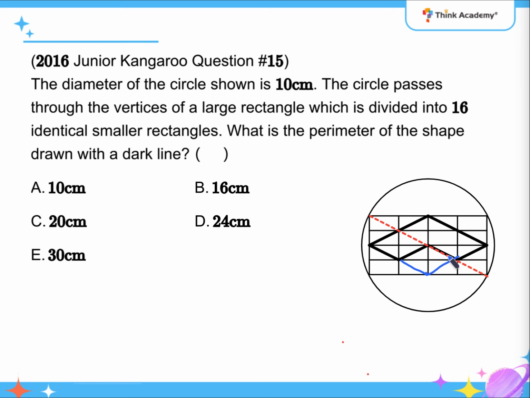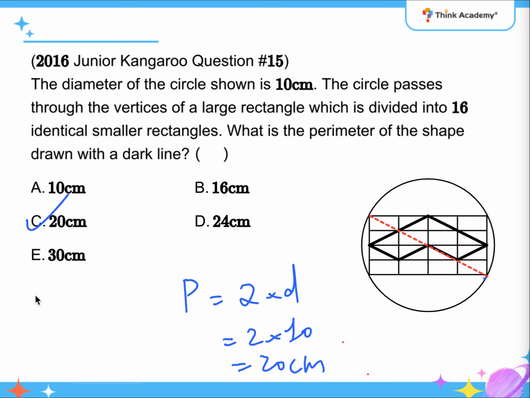And you can see that these are 4 diagonals of the quarter rectangles, and the diameter is 2 diagonals of the quarter rectangles, which means that the perimeter of this shape is equal to 2 times the diameter, which is 2 times 10, that is 20 centimeters. So the answer is C for this one. All right.